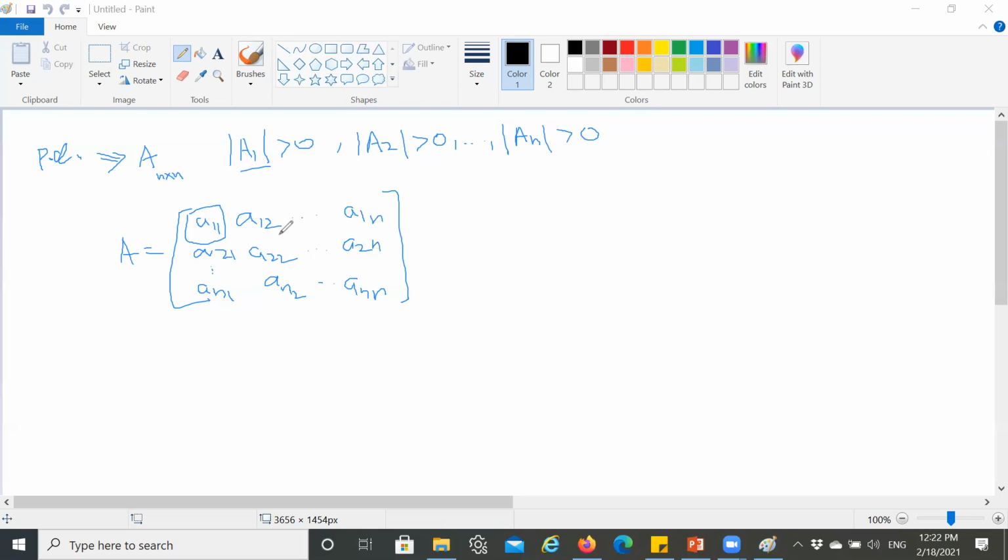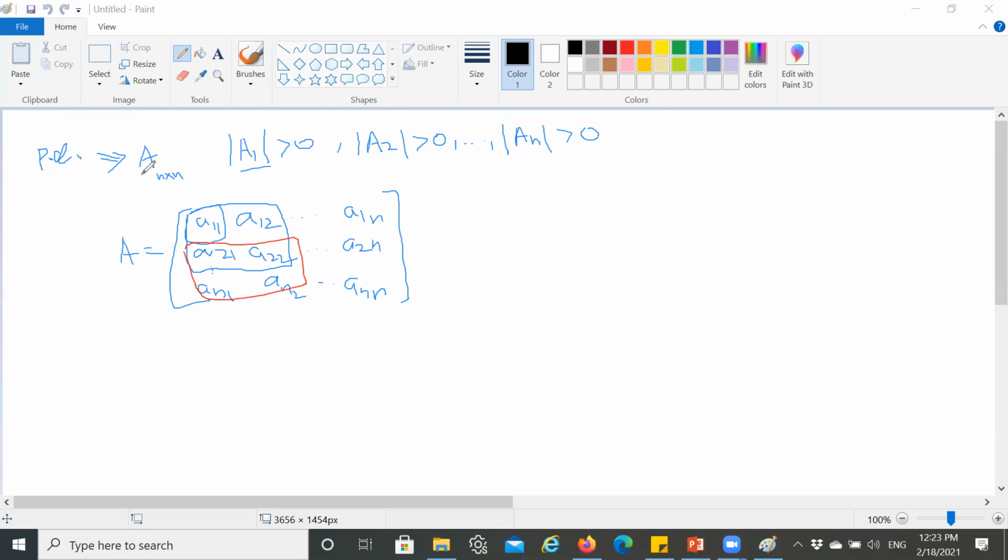So what our friend was trying to say is that you do not take this element, you take the top leftmost, so you start from here. Then A2 would be the top leftmost two by two submatrix, which has order 2,2, okay? So you do not take, for example, these two. These two are not the leading principal minor determinant, okay? And you do this until you take the entire matrix, okay? Thank you. So this is known as positive definite.